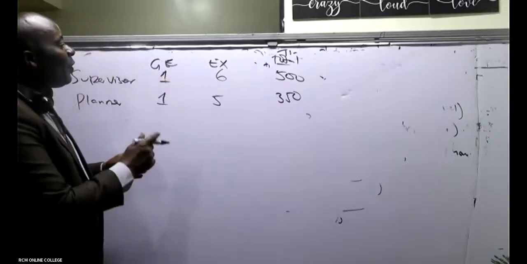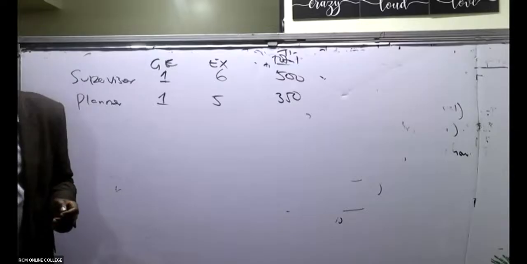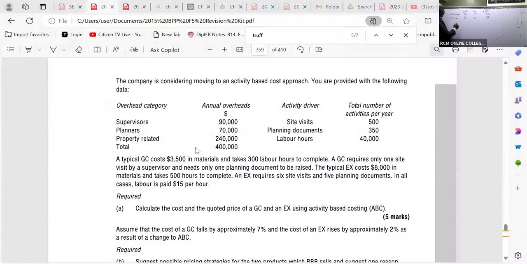So for example, the first apportionment, the first cost that we have here, which is supervisory, is 90,000. So in terms of the products GC and X, this is what they have done.